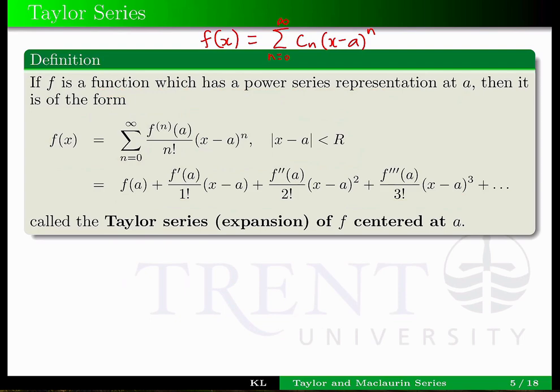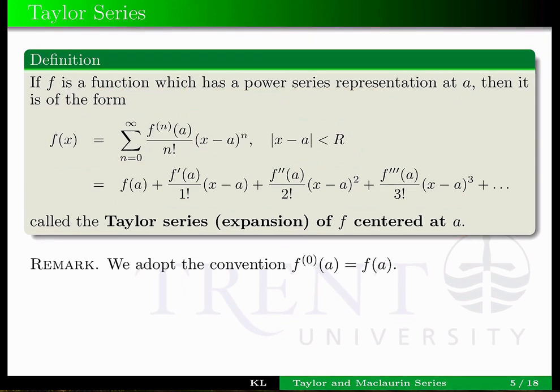And this power series representation is called the Taylor series of f centered at A, or the Taylor series expansion of f centered at A. Okay? So, like I said, it's special because you have a nice way of obtaining the power series representation of your given function, provided that you can differentiate the function infinitely many times in the given interval.